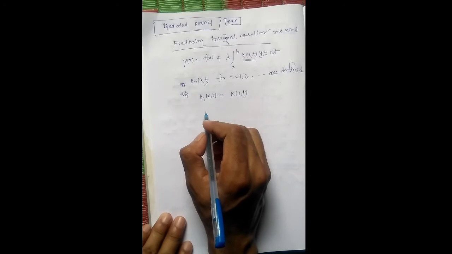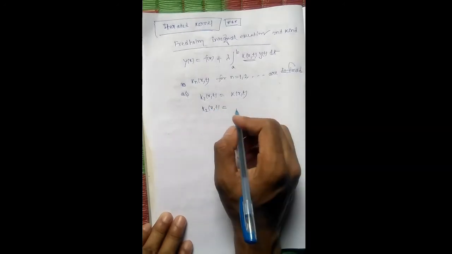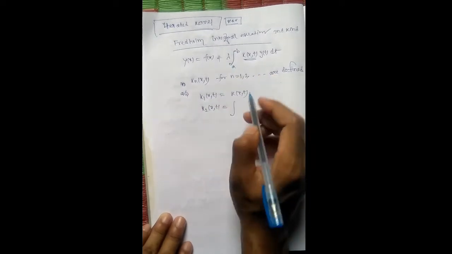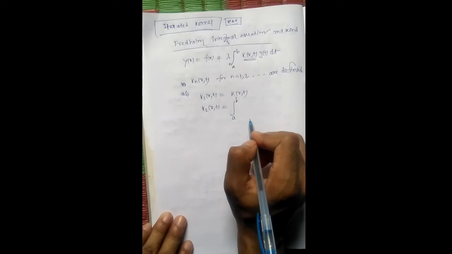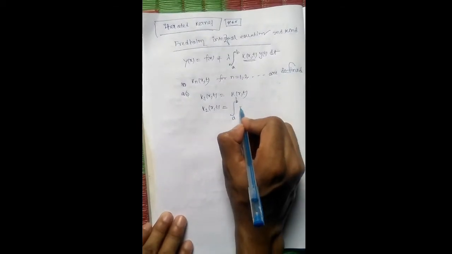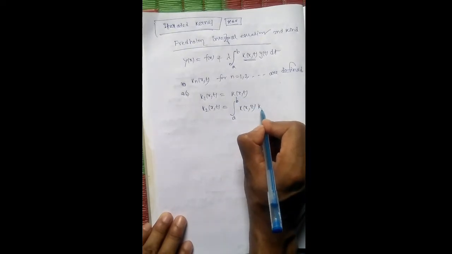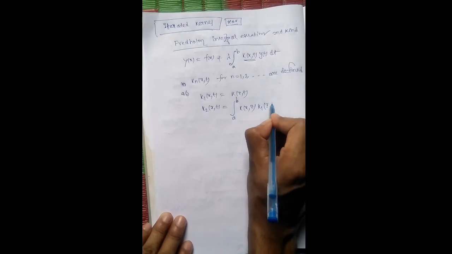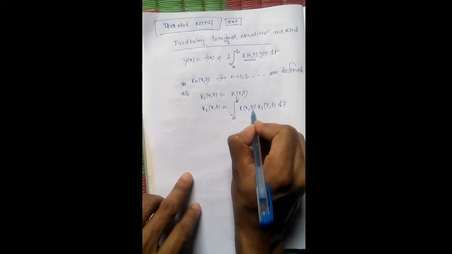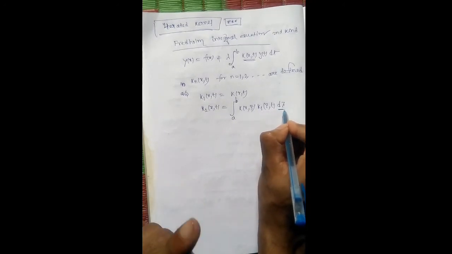Okay, K_2(x,t), this is integration over a to b for Fredholm integral equations, a to b K(x,z) K_1(z,t) dz. You see that z is another variable and integral over dz.